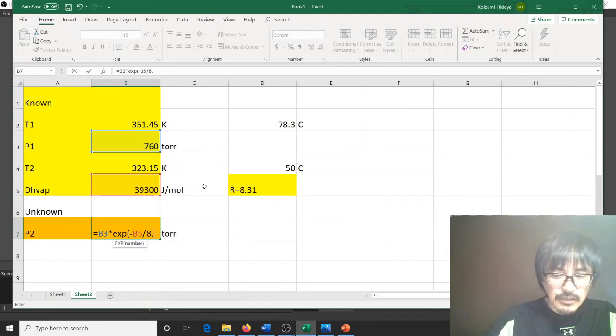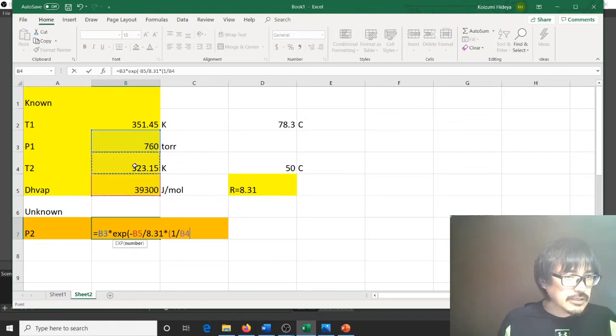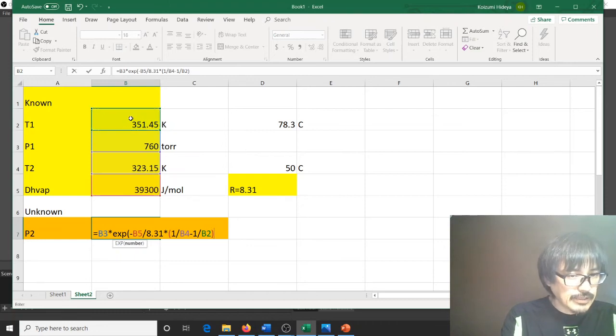Let's just write down 8.31, multiplied by another parenthesis, 1 over T2. T2 is this guy, minus 1 over T1. Parenthesis close.